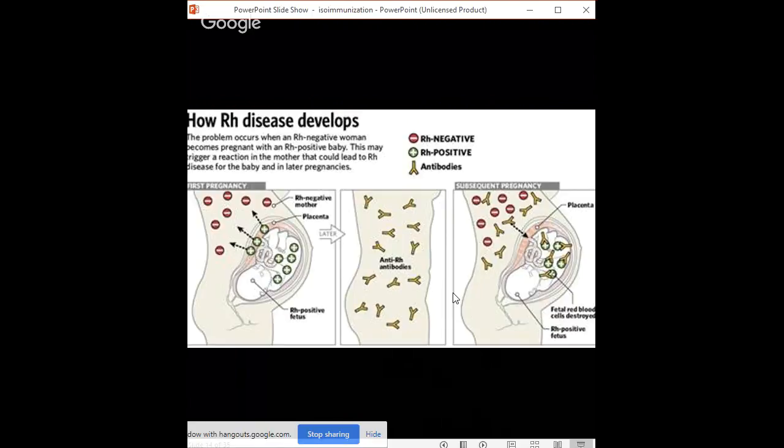And this is another diagram that is a simplified version of the previous diagram, where you have formation of antibodies and the antibodies crossing the placenta.